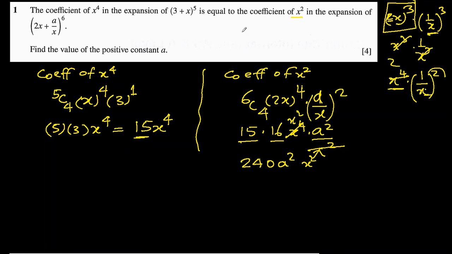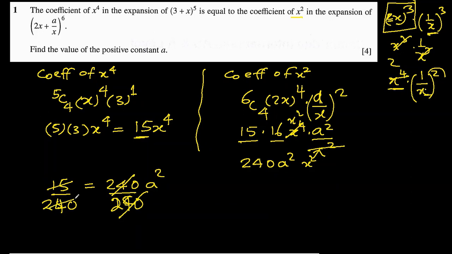So they said the coefficient of x^4 in this case is equal to the coefficient of x square in the second one. So the coefficient of x^4 is 15 in this case, equal to 240 a square, which is the coefficient of x square in this case. So let's divide both of them by 240 so that this goes and it again 16.